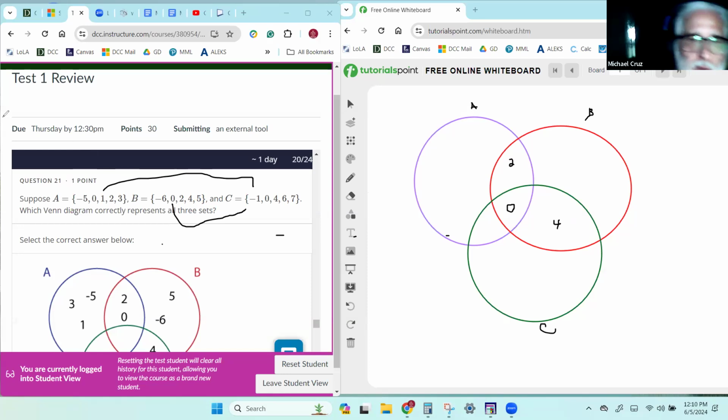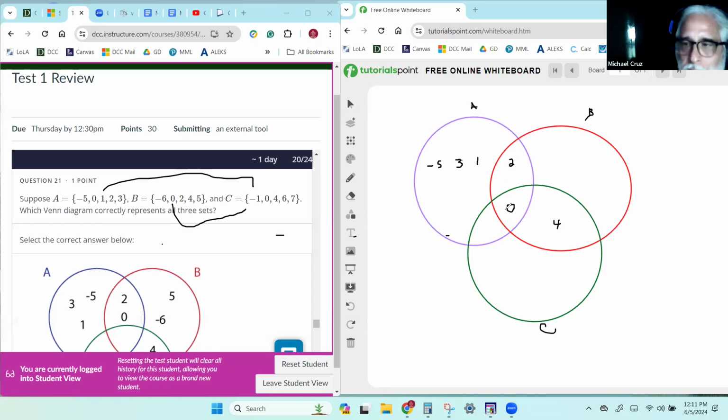Let's just see if I can match it up real quick. And otherwise, we may have to finish it up in a second when we get to the other class. All right, so A would be -5, 3, 1. So now we've got all of them: 0, 2, 3, -5, and 1.